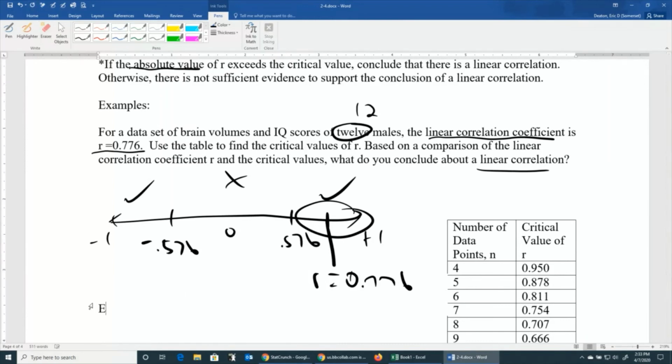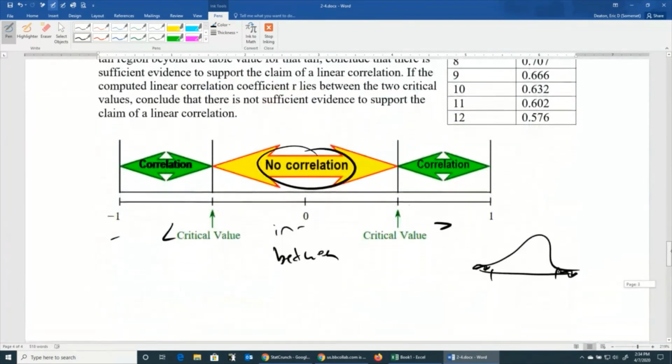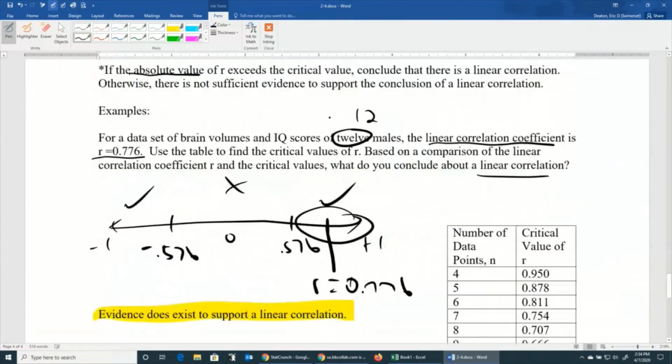But evidence does exist to support a linear correlation. You can think of it like that. Got that? That's what we're testing: support the claim of a linear correlation.